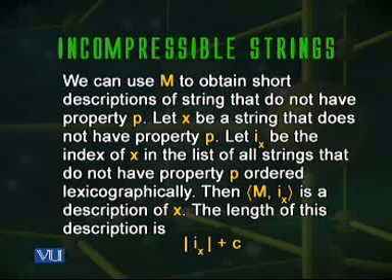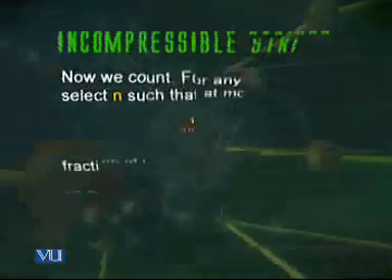Let us look at what is the length of this description. The length of this description is the length of I sub X plus a constant c. The constant c is added here because M has some fixed length, which is a constant, followed by I sub X. So it's going to be the length of M properly encoded. So actually we repeat it twice. So it's 2m plus 2 plus I sub X, and we have collected all those terms into a constant.